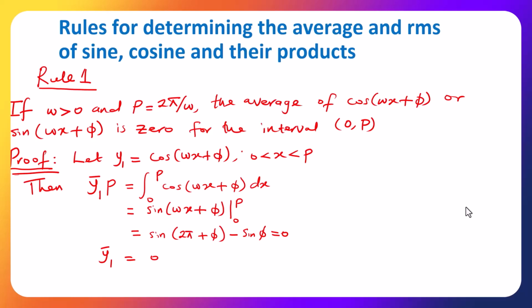So we have that our y1 bar is equal to 0. Similarly, if we let y2 equal sine of omega x plus phi, then we can also show that y2 bar equals 0.